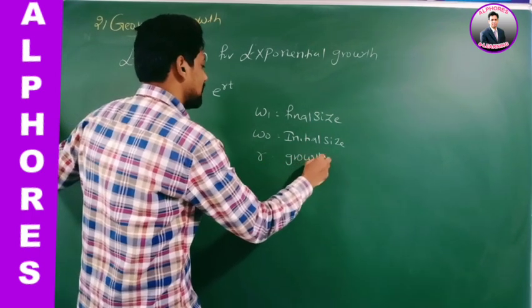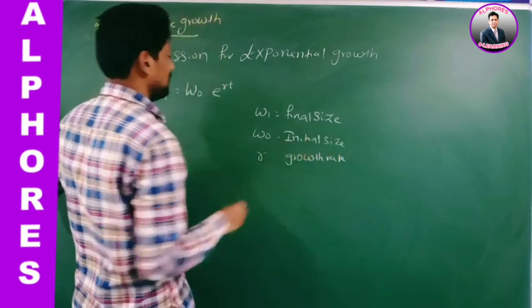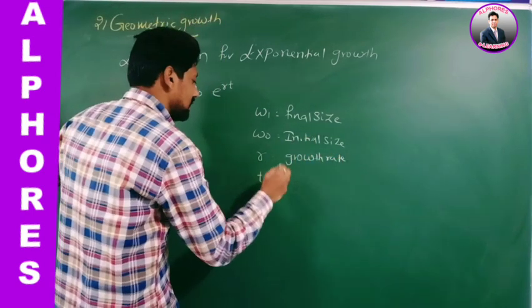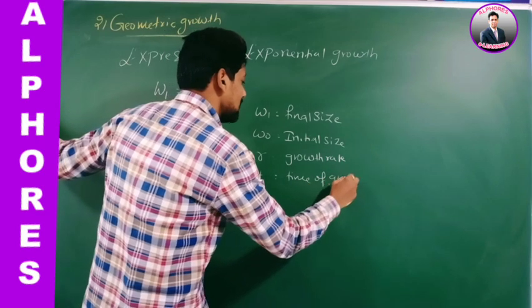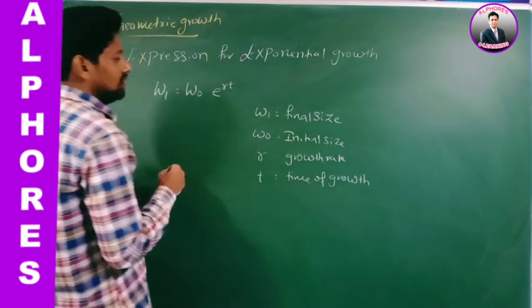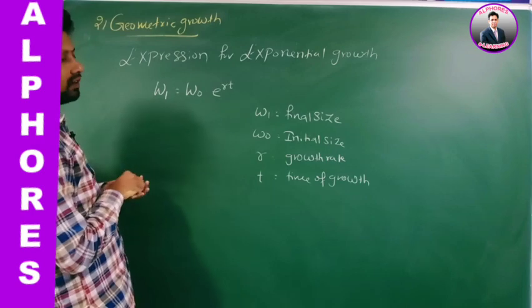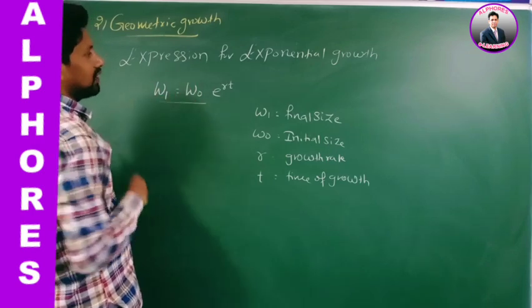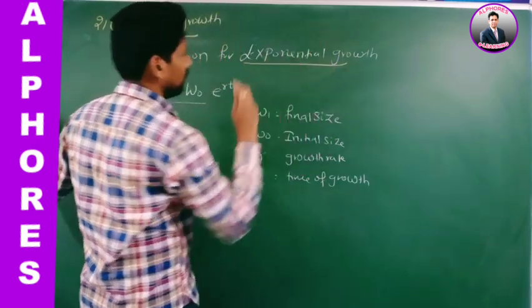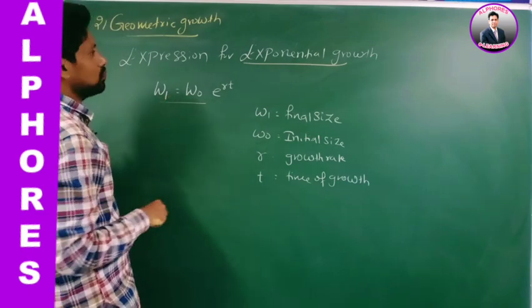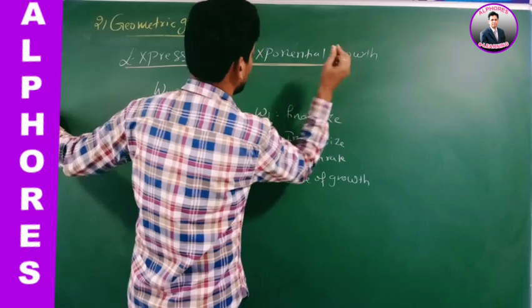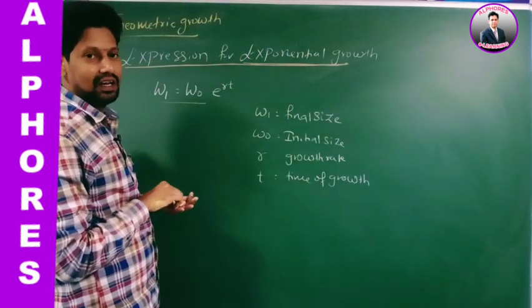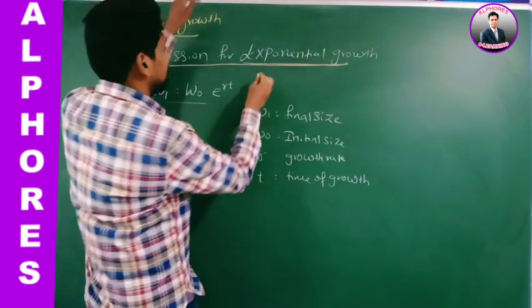and r is the growth rate, and t is the time of growth. This is the expression for exponential growth. This expression for exponential growth is also called the law of compound interest.